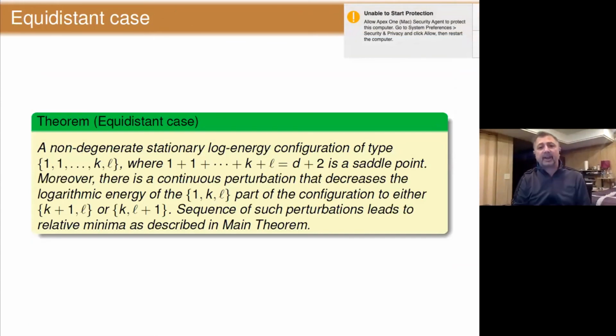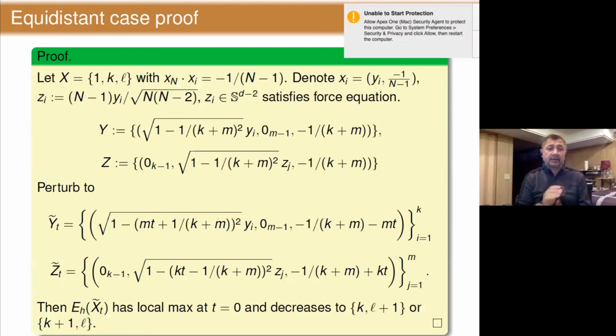The equidistant case, the perturbation that I want to show you, two segments, one going up, one going down, these are two simplexes. So we will consider the case where we have the configuration X as being one point that is equidistant to all the others. And now all the others are actually two orthogonal simplexes, one with cardinality K, and the other with cardinality L. So all of these will be negative 1 over n minus 1.